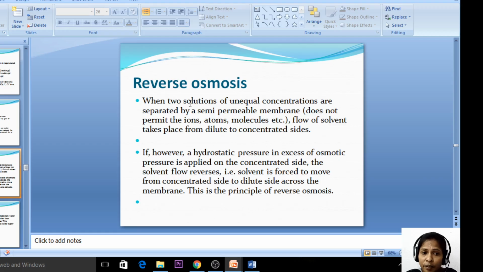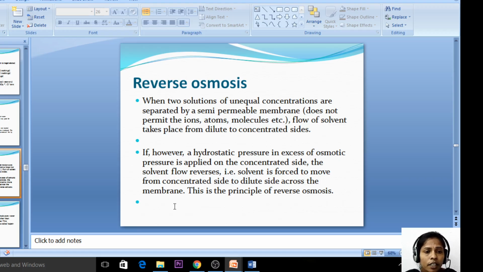That means in the reverse osmosis process, the solvent particles will transfer from high concentration solution to low concentration solution. So if a hydrostatic pressure in excess of osmotic pressure is applied on the concentrated side, the solvent flows from high concentrated solution to low concentrated solution through semi-permeable membrane.